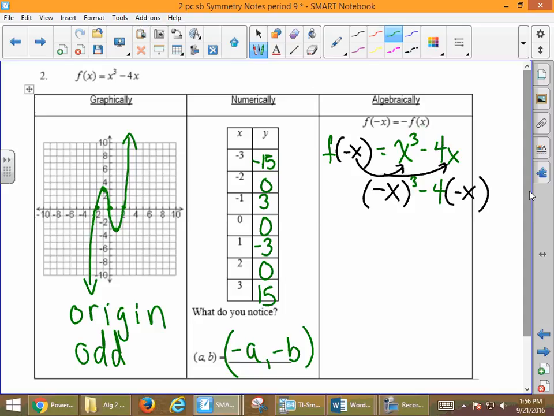When we simplify that a little bit, because it is fairly abstract, negative x cubed means negative x times negative x times negative x. And we have 3 negatives this time, and consequently, we're left with negative x cubed. Over here, minus 4 times negative x gives us plus 4x.